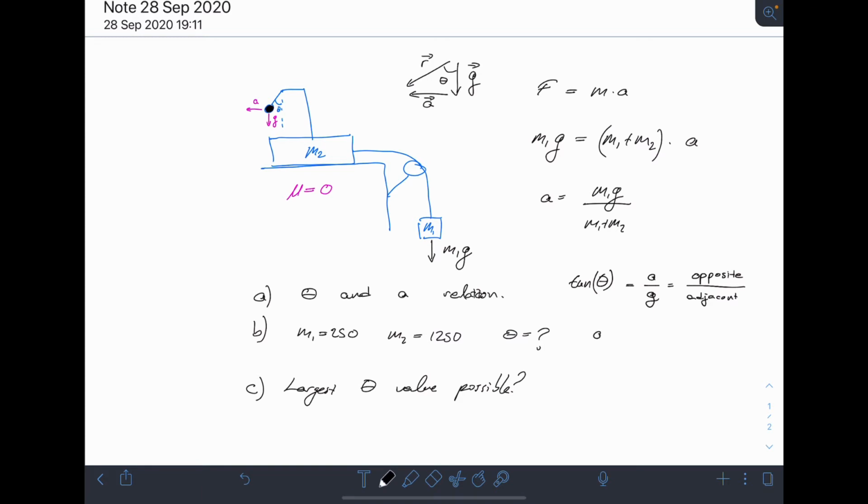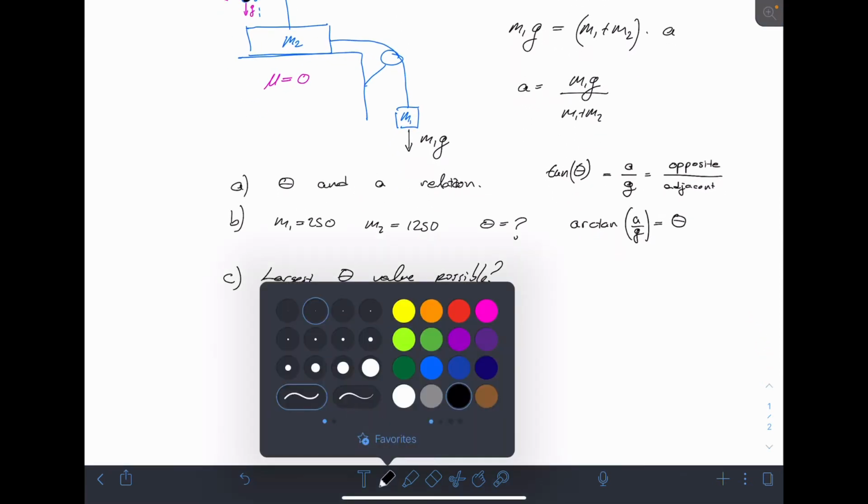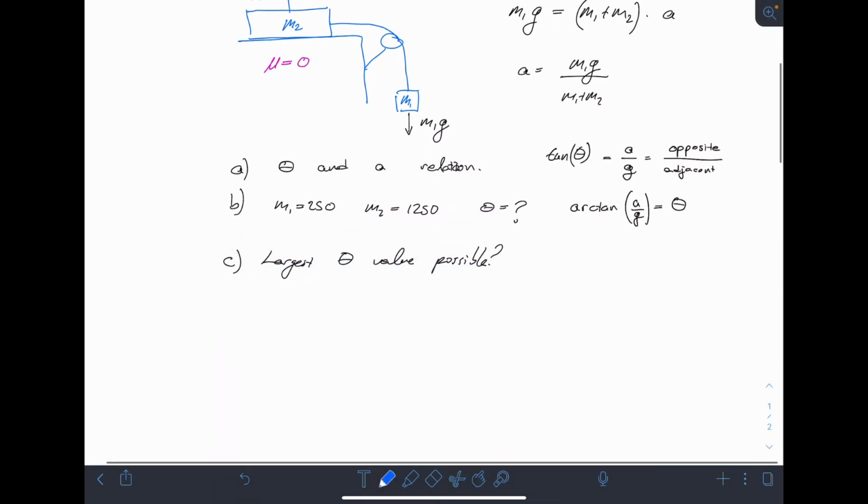Another way to write this: the arctan of A divided by G equals theta. And the final way to write this is arctan.